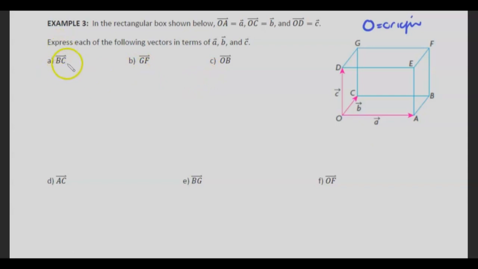So vector BC can also be written as negative vector A. Now, vector GF. So let's find G and F, G going to F in that order. A vector with the same magnitude is again going to be A, and it's going in the same direction. So vector GF is equivalent to vector A.